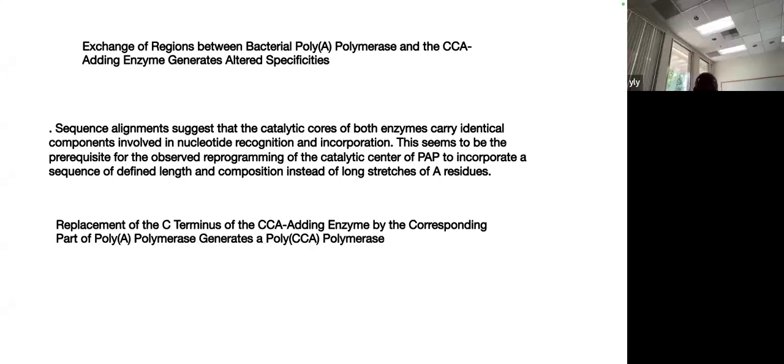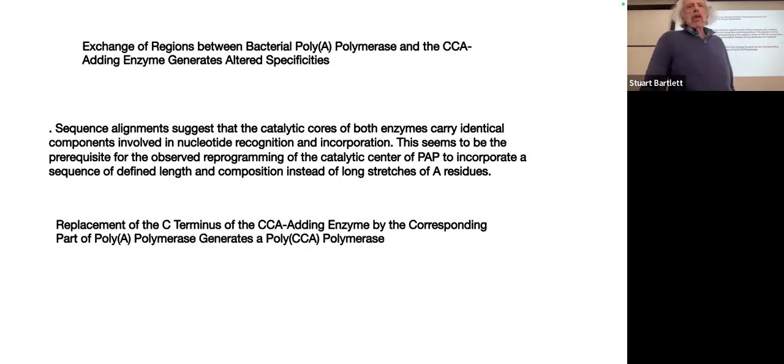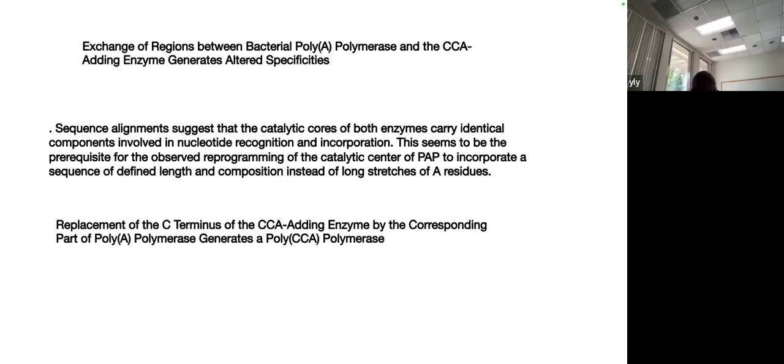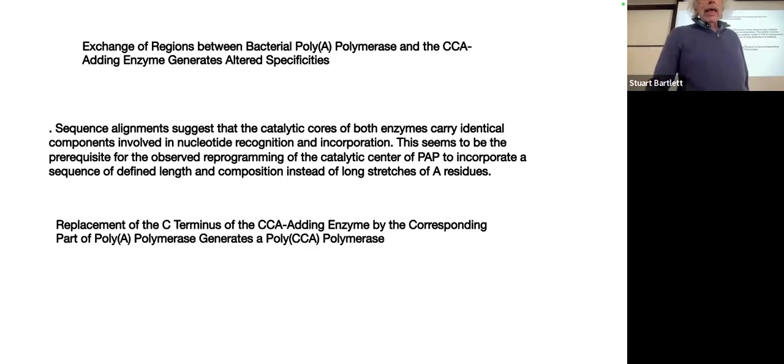Now it's even greater. What you can do is exchange the regions between the bacterial poly-A polymerase and the CCA adding enzyme. And what happens is sequence alignment suggests that the catalytic cores of both enzymes carry identical composites involved in nucleotide recognition and incorporation.